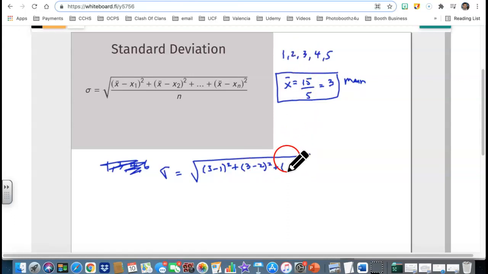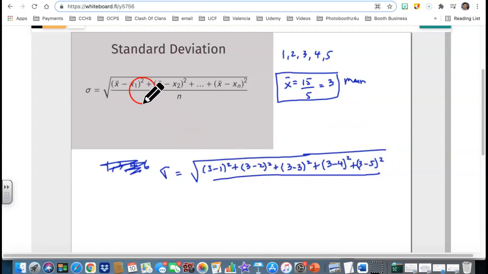So I got to do the same thing with every single value, to the second power, plus the fourth value, 3 minus 4 to the second power. And I have the last one, plus 3 minus 5 to the second power, divided by the number of terms that I have, or the 1, 2, 3, 4, 5 values. That's how I find my standard deviation.